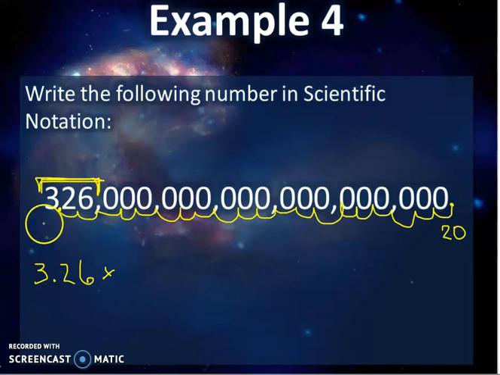Wow, big number. So when I rewrite this in scientific notation, I have 3.26 times 10 to the 20th power. Boom, that's it, you're done.